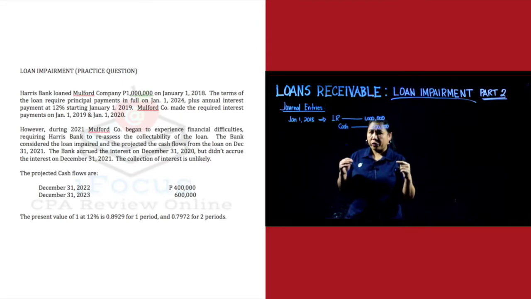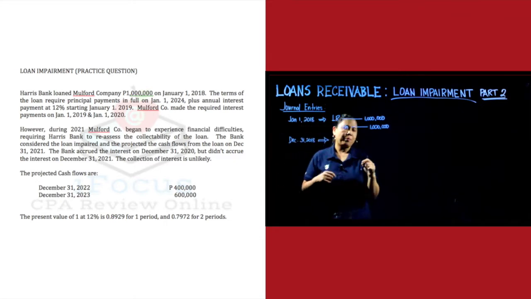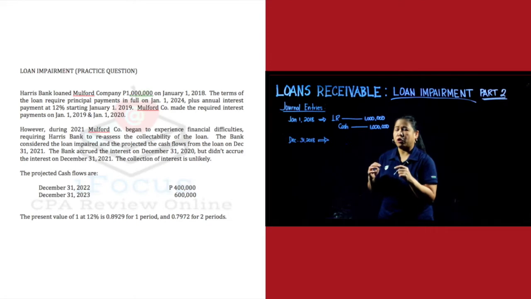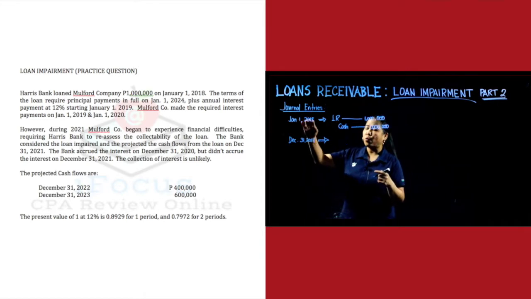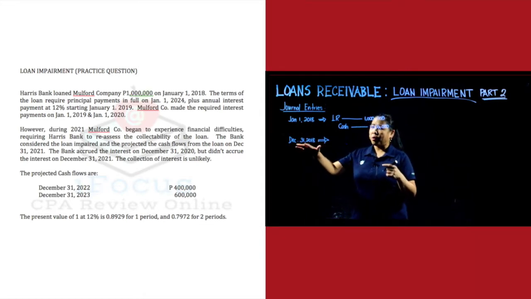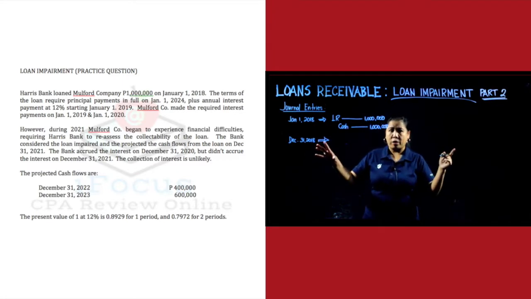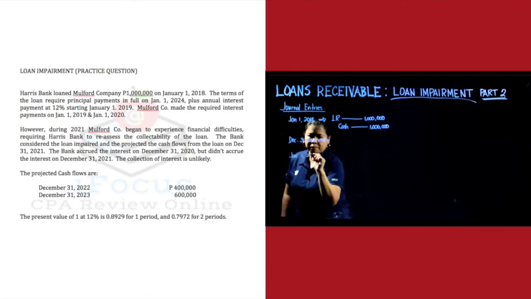So, on December 31st of 2018, siyempre, magpre-prepare ng financial statements ang bangko, ang lender. So, on December 31st, 2018, meron na siyang na-earn na interest from January 1 up to December 31st of 2018. Kailan magbabayad si borrower? Sa January 1st of 2019.